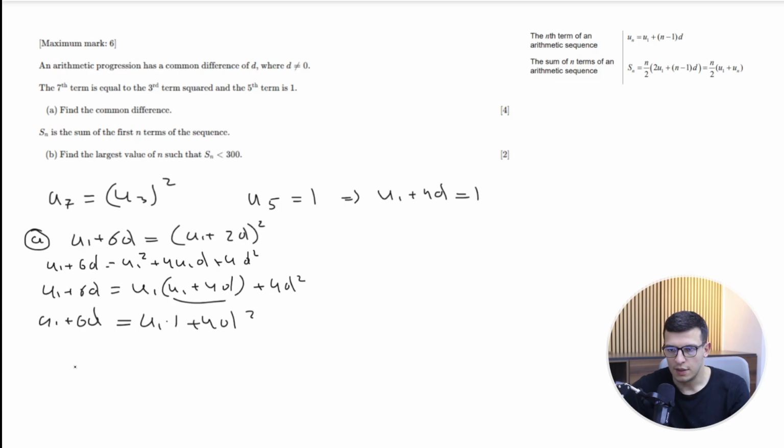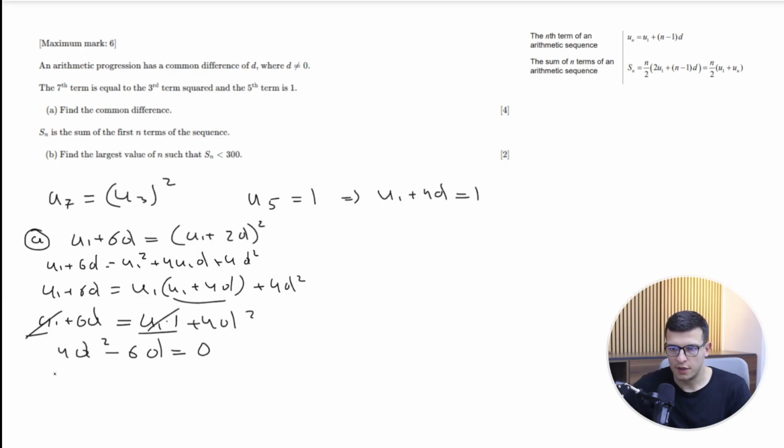Okay, then what else can we do? The U1s will cancel out, right? So we're left with 4D squared minus 6D is equal to 0, right? From here, we can potentially find out what our D is.